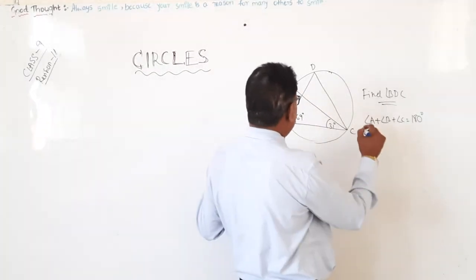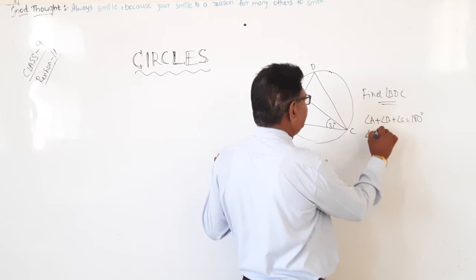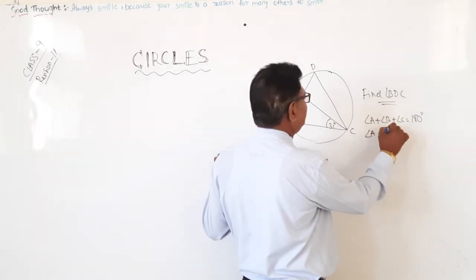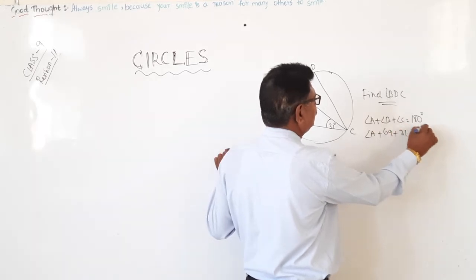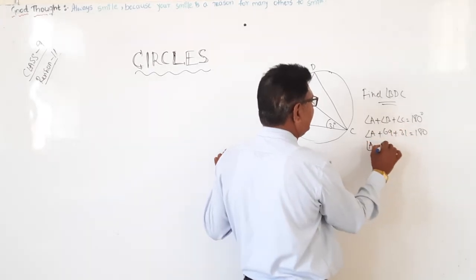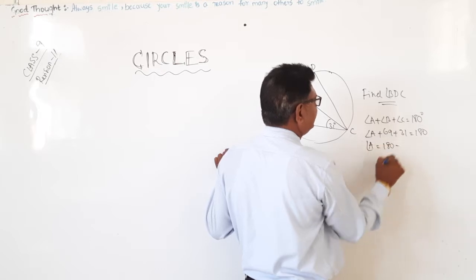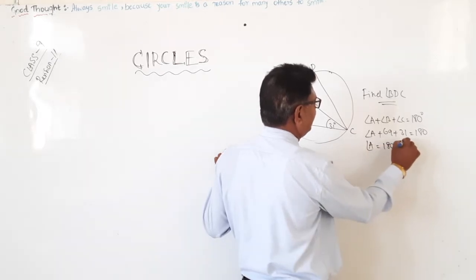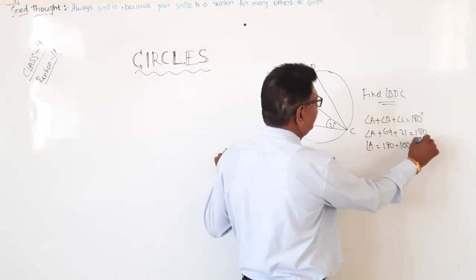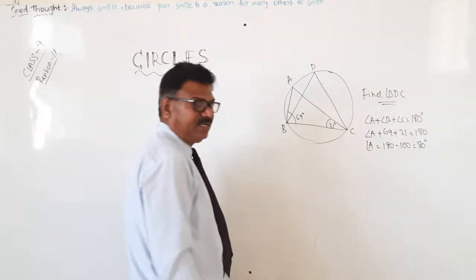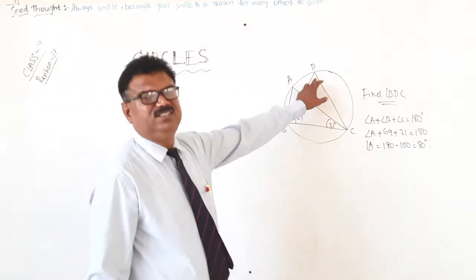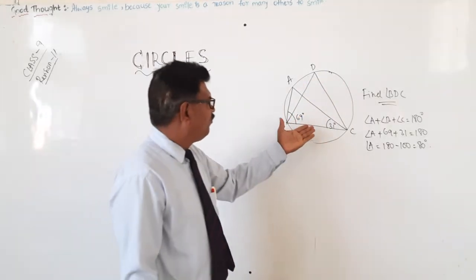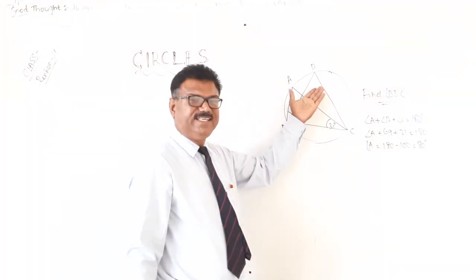Angle A, as it is, we don't know. Angle B is 69, angle C is 31, equal to 180. Therefore, angle A is equal to 180 minus 100, which is 80 degrees. Okay, na? When it is 80 degrees, then what about this? This is also 80 degrees because both are lying on the same segment.